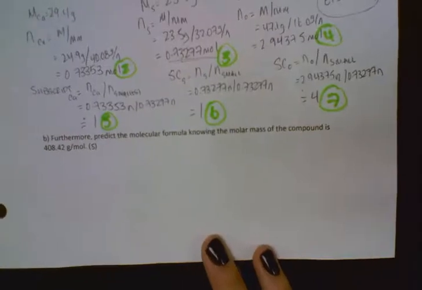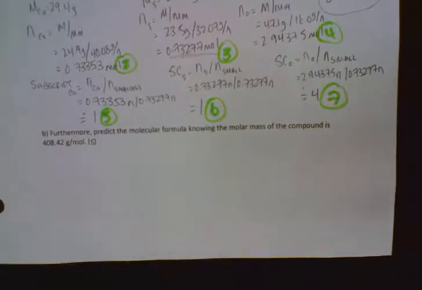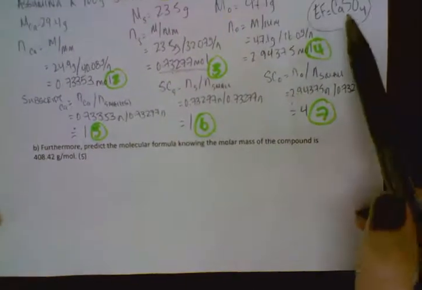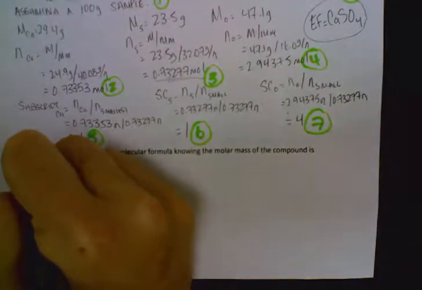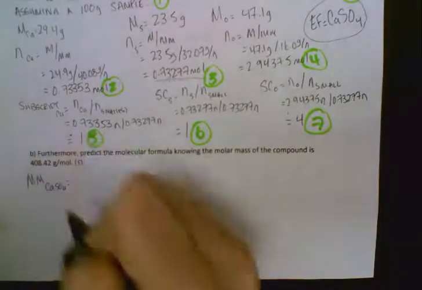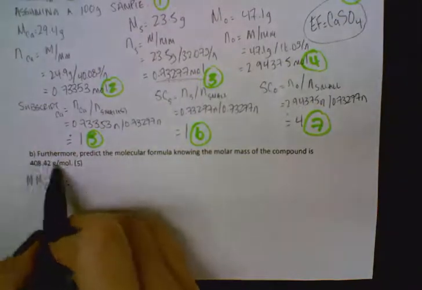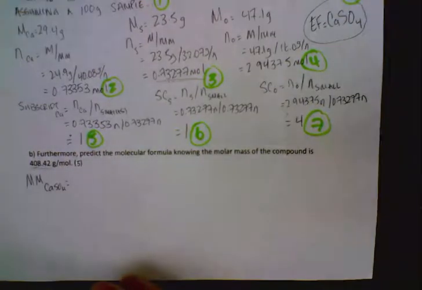Okay? The last question we have, it says, furthermore, predict the molecular formula knowing the molar mass of the compound is 408.42 grams per mole. Okay, so the first thing we need to do is we know our empirical formula, which is up here. We need to calculate our molar mass of what our empirical formula is to figure out how many times does that fit into the actual molar mass of the molecular formula.